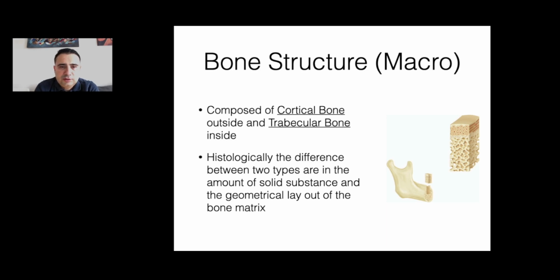Histologically, the difference between the two types, cortical bone and trabecular bone, is in the amount of solid substance and the geometrical layout of the bone matrix. In fact, the cell types and the bone matrix inside are similar, but the differences are the amount of bone matrix and the geometrical layout.